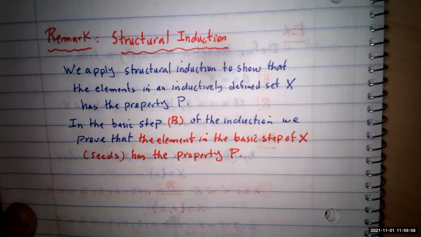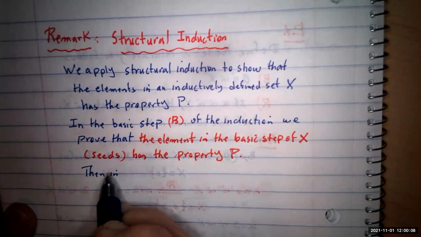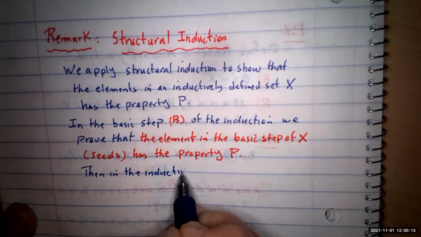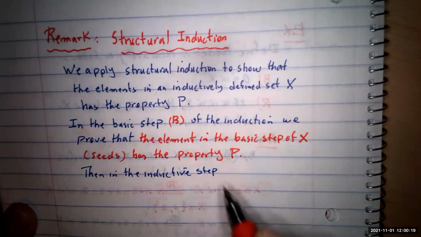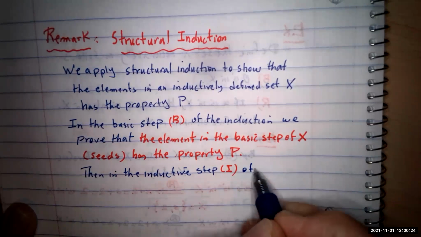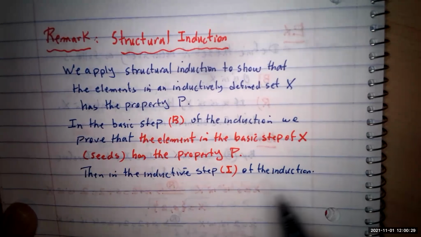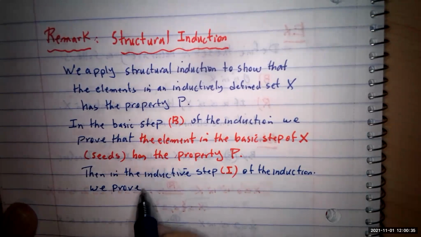Now the step: you assume that Pk is true, you want to prove that it is true for Pk plus 1. Then in the inductive step, in the induction, we prove what?